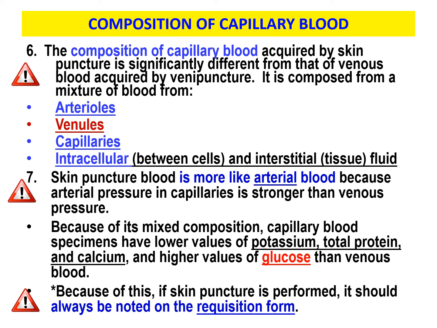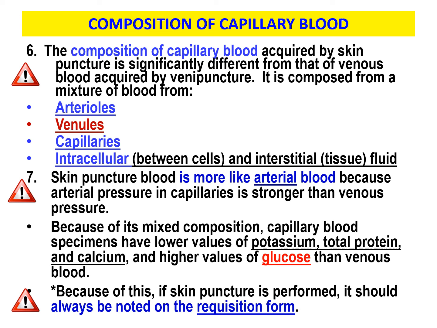But remember, and I talked about this in lab, that the blood you obtain from a skin puncture really has more makeup of the arterial blood than venous blood, because we know that arterial blood, we have a pulse in our artery, right? There's more of a push and pressure behind that arterial blood, so more of that gets into that capillary area than the venous, so consequently it has a little bit more of an arterial blood makeup.